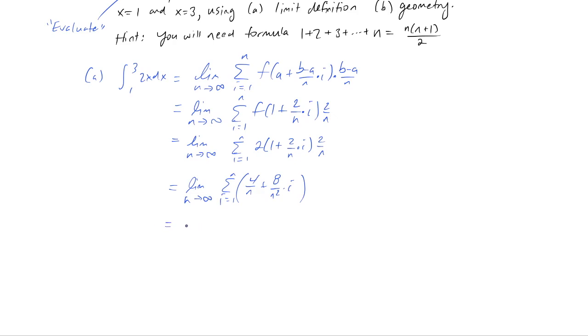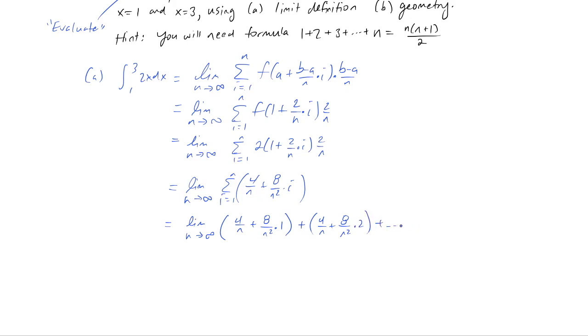And then let's work this out. So this is a Riemann sum. We'll write it out as a sum in long form. So 4 over n plus 8 over n squared times 1, plus 4 over n plus 8 over n squared times 2.